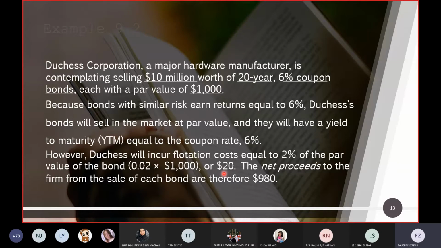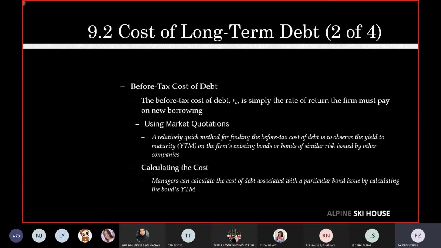But when they issue, they are getting only $980 per bond. So as a result, what we are looking at here is the before-tax cost of debt. RD is simply the rate of return the firm must pay on the new borrowings.